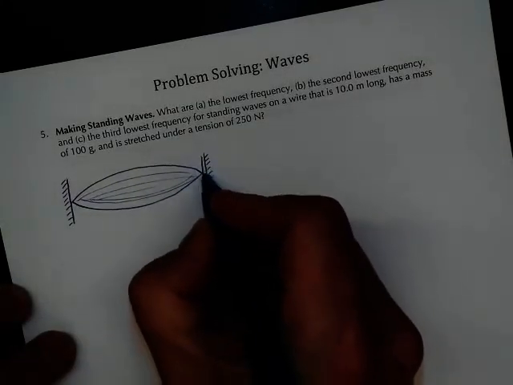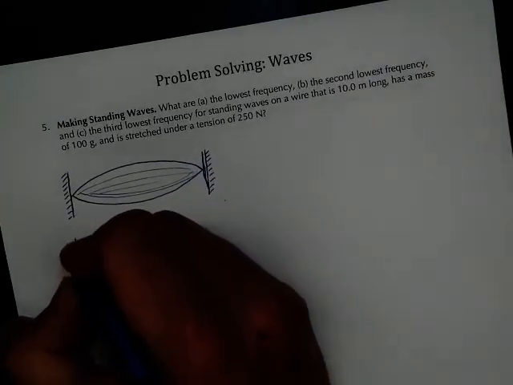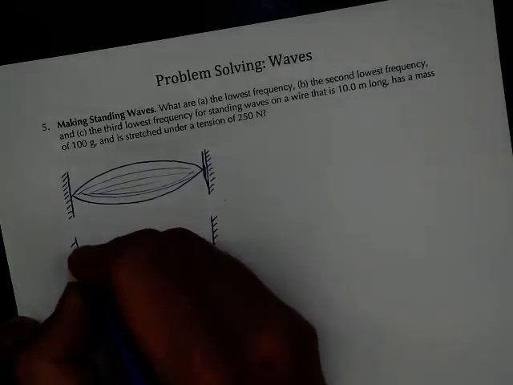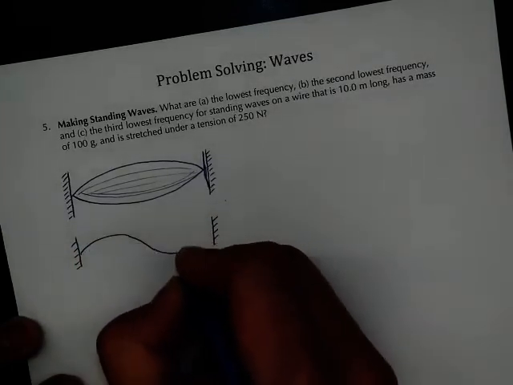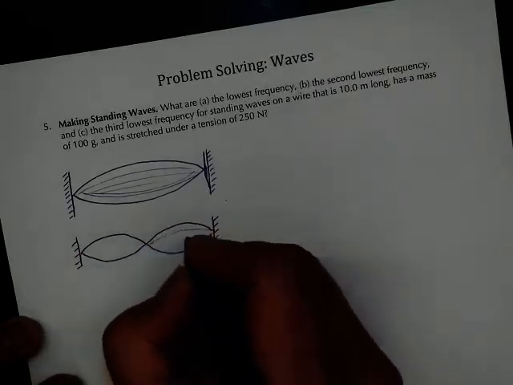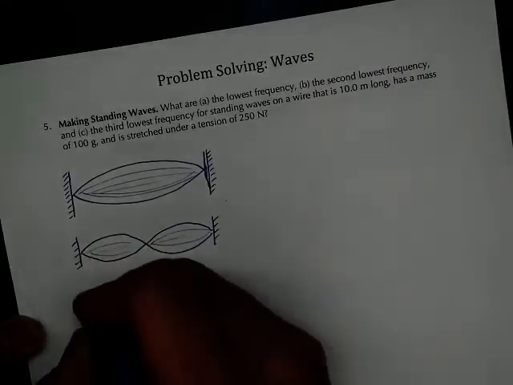I guess I didn't quite get it connected to the end there. The second lowest frequency is when you end up with a string that has 1 node in the middle. It's kind of like that.